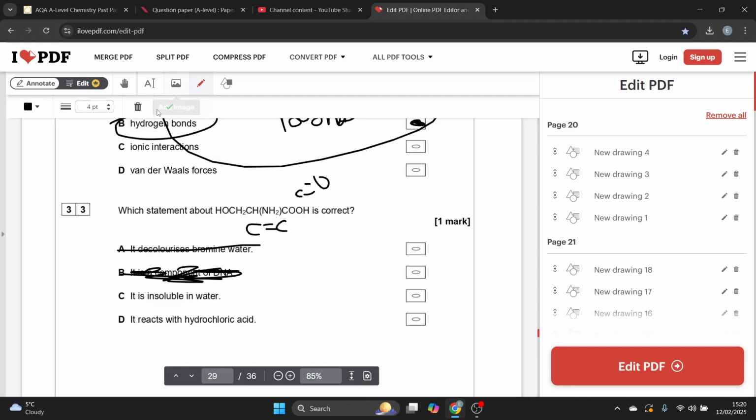No, sorry. Which statement is correct? Is a component of DNA? No, it's not. If it were a component of DNA, like guanine, cytosine, thymine, all of those, it's not. It reacts with HCl. It definitely does react with HCl. Insoluble in water? No, it is soluble in water, so that's false. Decolorizes bromine water, that's false. A component of DNA, that's false. It is insoluble in water, that's false. It reacts with HCl.